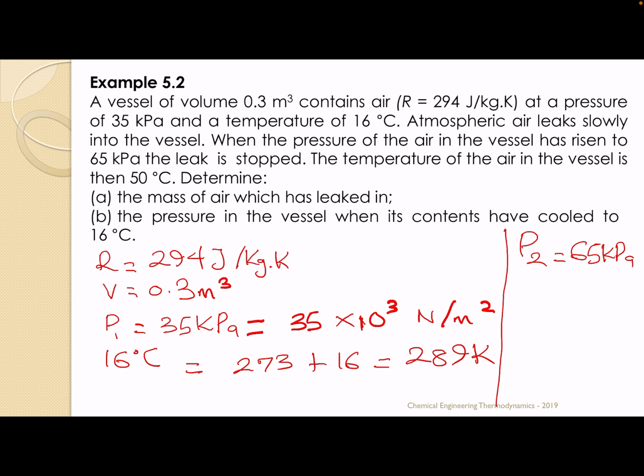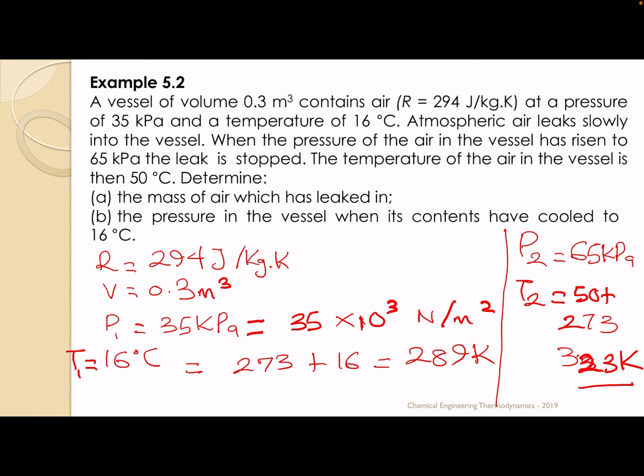The temperature of the air in the vessel is then 50 degrees C. So we call this T1, and then we have T2, 50 plus 273, which gives us 323 Kelvin. So determine the mass of air which has leaked in.